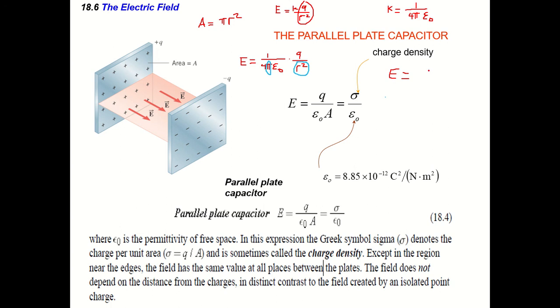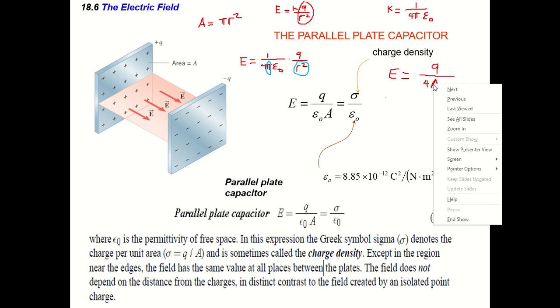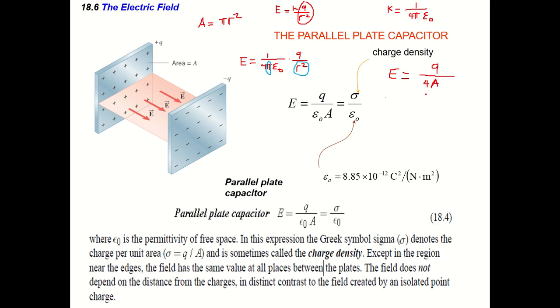So the numerator here becomes Q over 4 times area, and times epsilon sub 0.